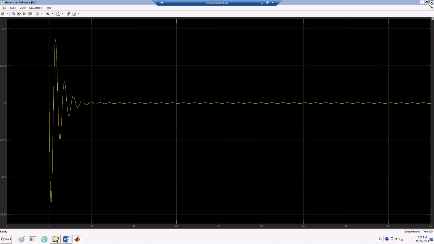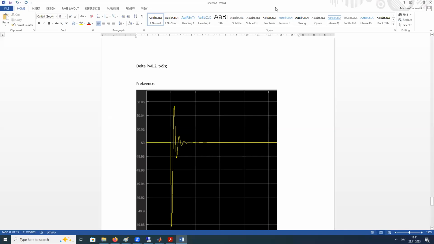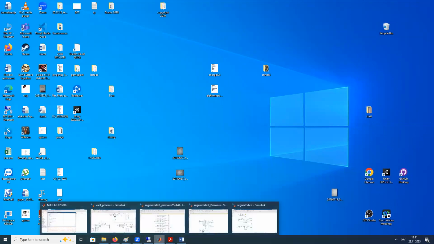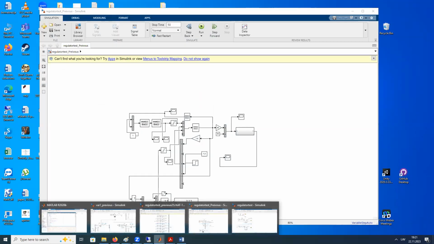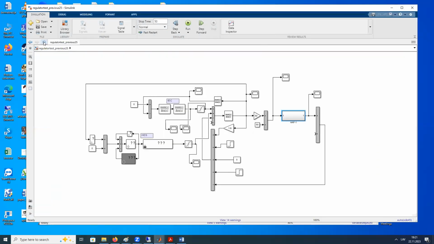Okay, these are these three schemes, and we have one more scheme for you. Let's say, I think this one, not this one. Yeah, okay, I think yes, this one.